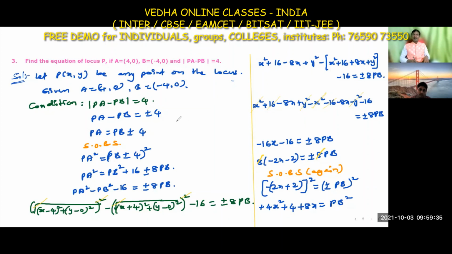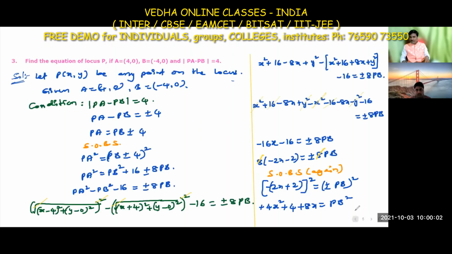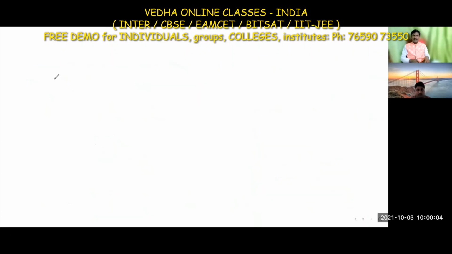Distance formula for P and B. So B point and P point: x plus 4 whole square, y minus 0 whole square. Applying the distance formula here. Now 4x square, 4 and 8x, this is as is.